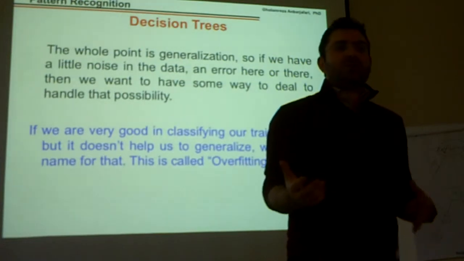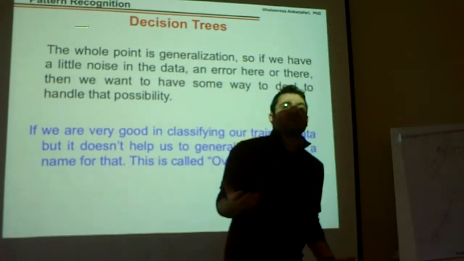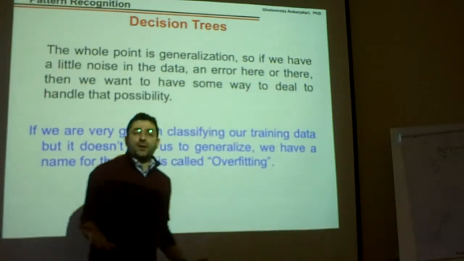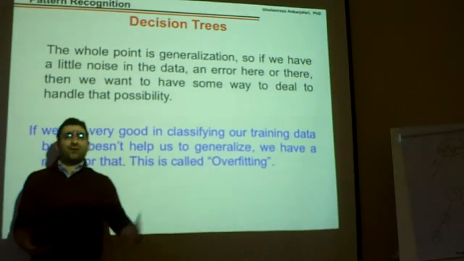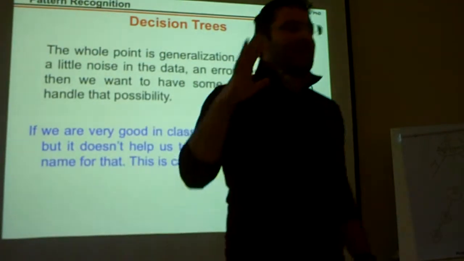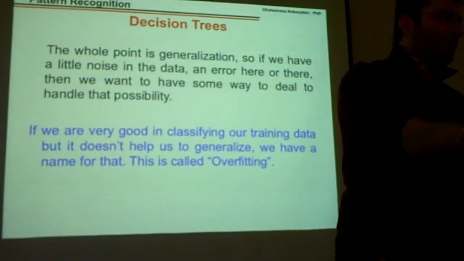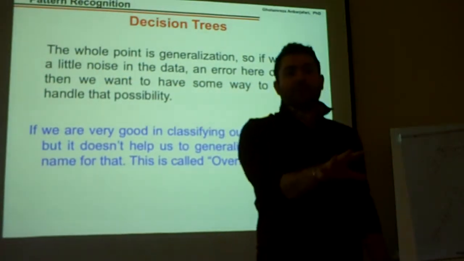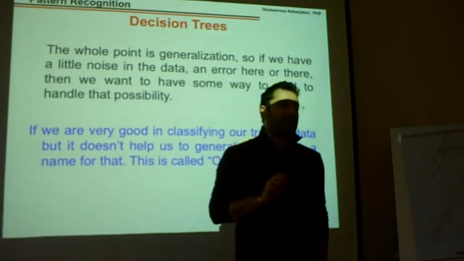In other words, I will fail to generalize. What was the word that we use for this type of problem? We say that we have an overfitting situation. So what is overfitting? Overfitting means that I model my system, I make my tree, and it works very well with what I have in my hand, but I cannot generalize it.